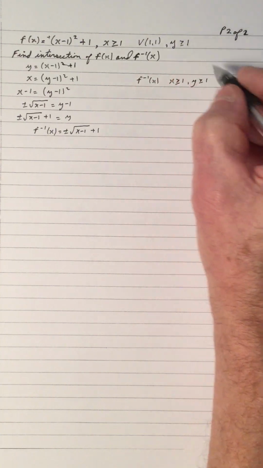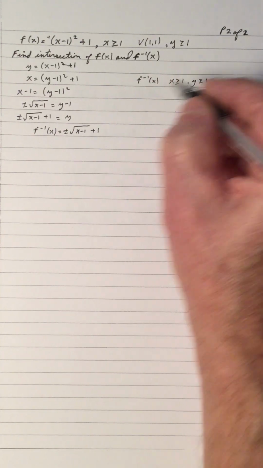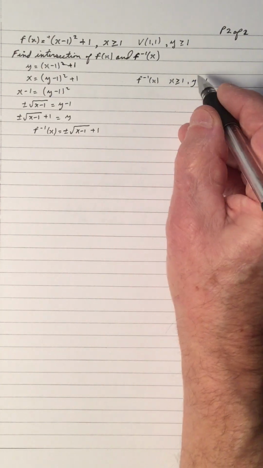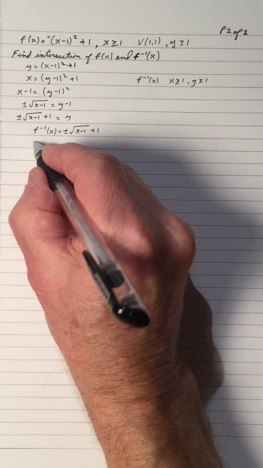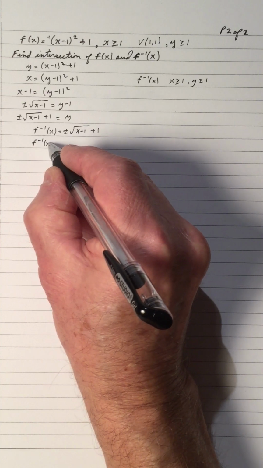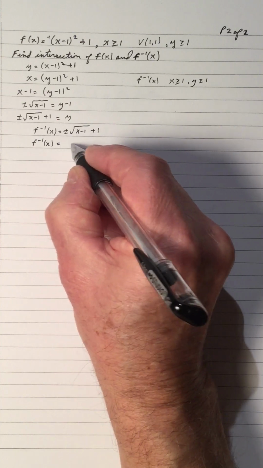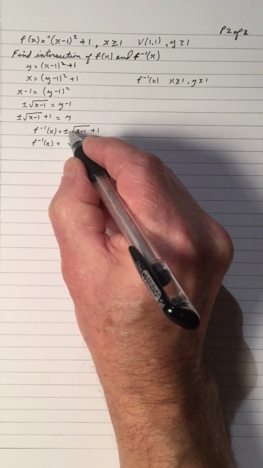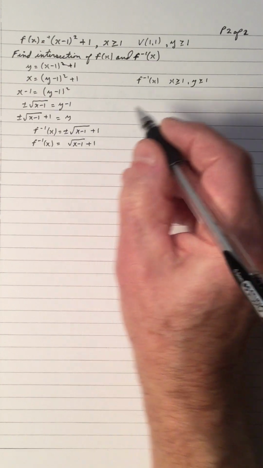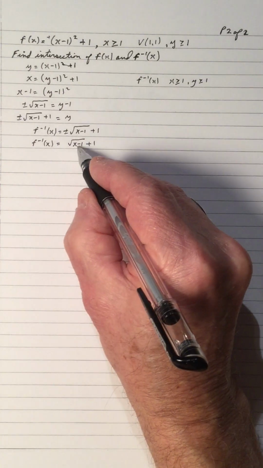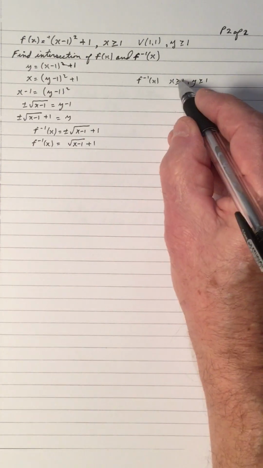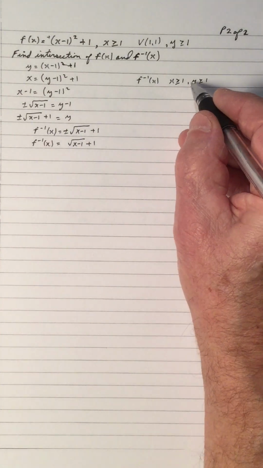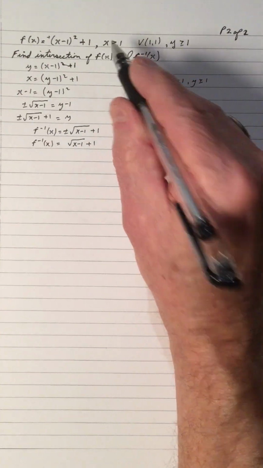Because the two of these are the same, switching them makes no difference. So that means, since x is greater than 1 is on the right, the f to the negative 1 of x is going to be the positive part of this equation, instead of having the minus part. Because x starts at 1 and is greater, and the y is positive, so this is the equation that represents this inverse right here.